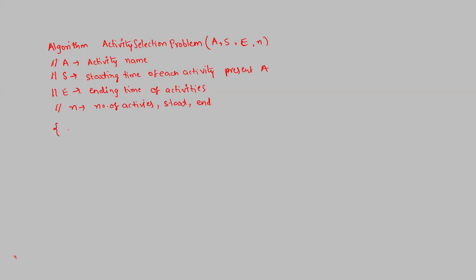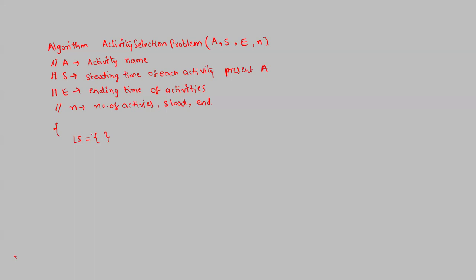So next, here I am going to use one buffer array, for example, LS. As of now it is empty, which represents that no activity has been chosen from this.